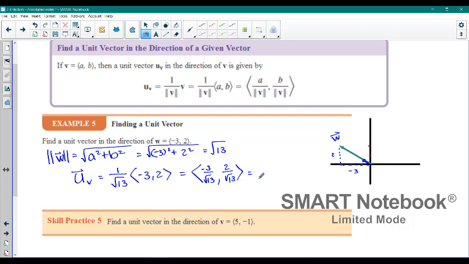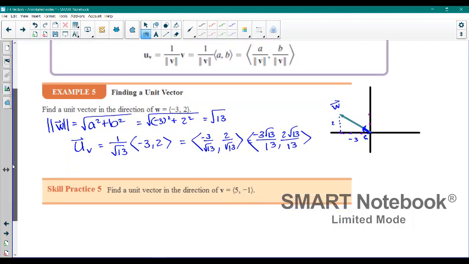But because somebody somewhere didn't like radicals in the denominator, we will rationalize. And we get this result for our unit vector. Okay, so this would be the vector here, this unit vector, in the same direction as W with a length of 1. Let's try another one.